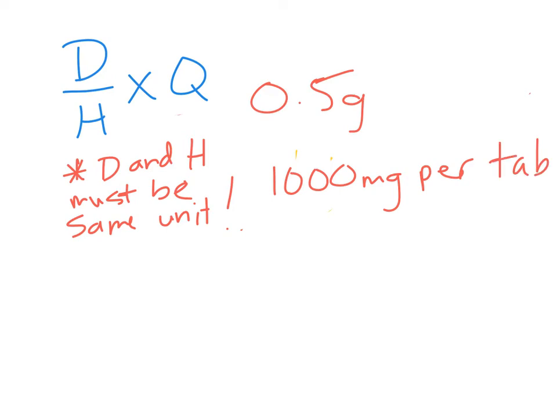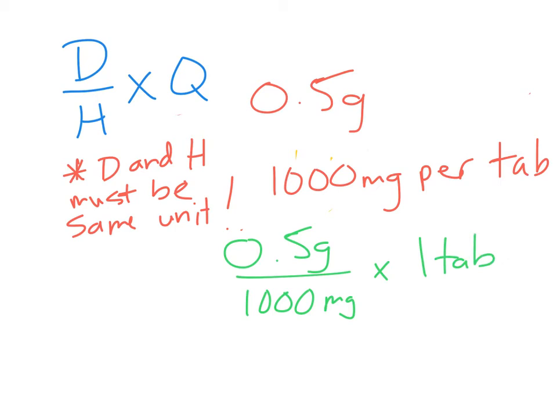So setting this up, our dosage formula looks like this: 0.5 grams over 1,000 milligrams per 1 tablet. D and H are not the same unit, so I'm going to convert. Again, I'm just in the habit of making sure everything's in milligrams. So I'm going to convert that doctor's order from grams into milligrams.